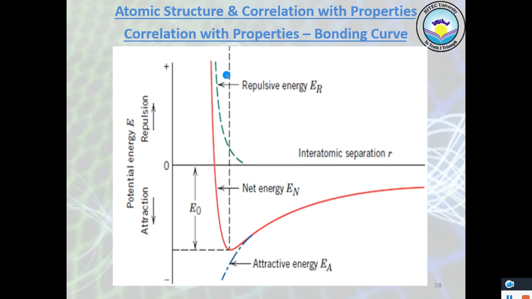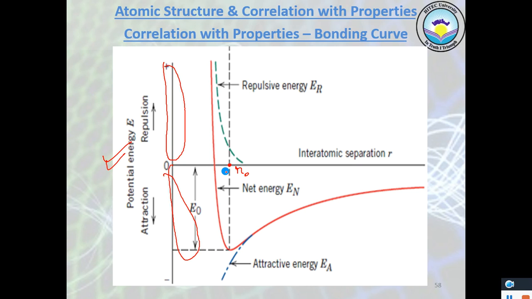So you can see basically this is your repulsion area and this is your attraction area, and we are representing the energy axis, potential energy axis E, and this is the distance R naught where we can dissociate the atomic pair, we can easily separate ions.